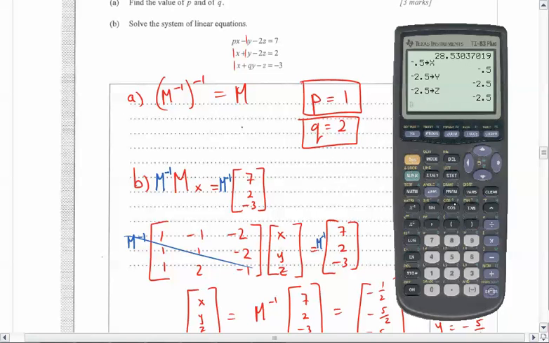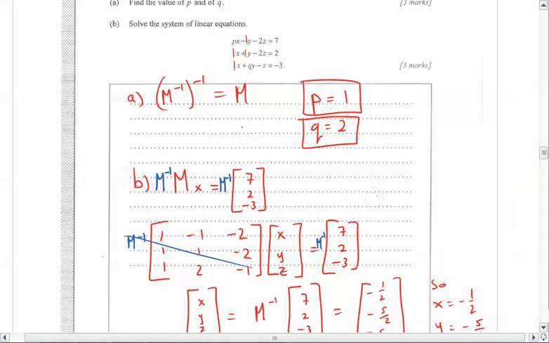So let's see if that equation will equal 7. Yay! Okay, now is x plus y minus 2z equal to negative 2? Oh, positive 2. Yes, it does work. And is x plus y minus z equal to negative 3? Yay! I know my answer is right.